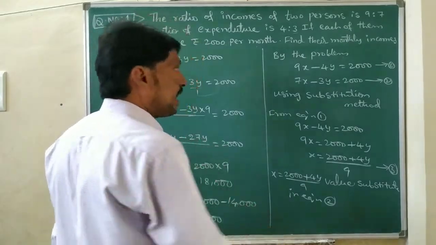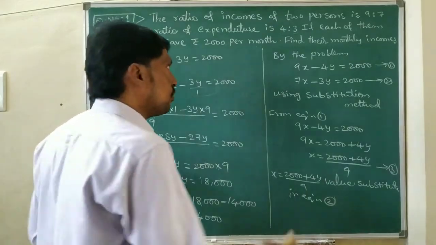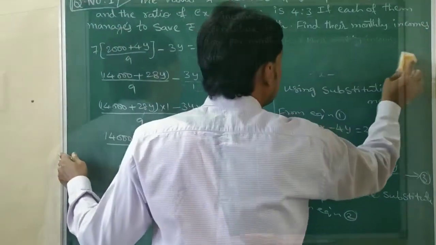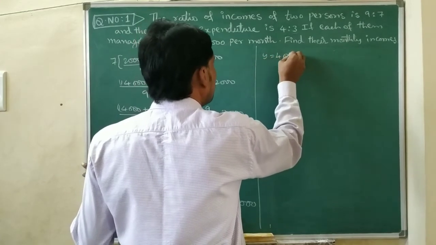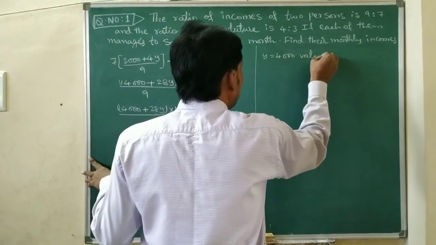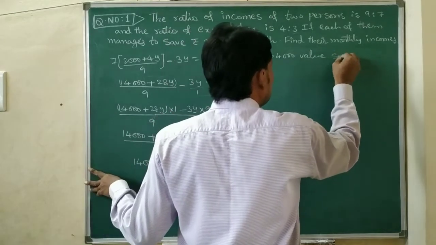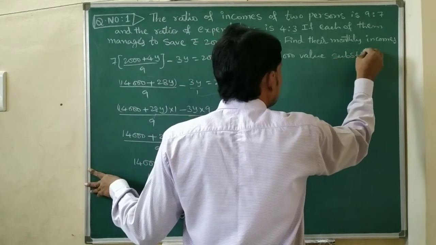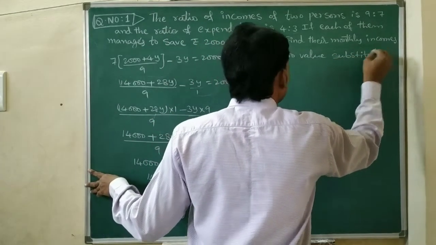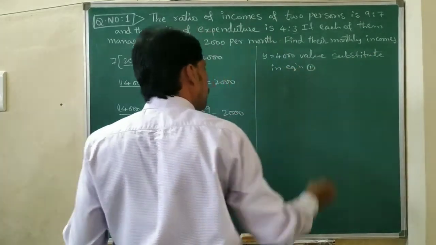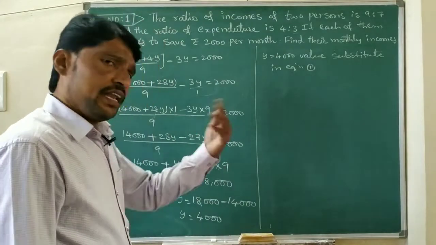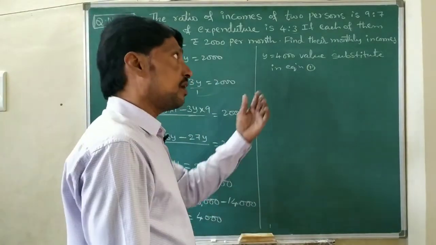Now we need to find the income actually. Now I will clean here and I will write. Now y equal 4,000 value, substitute in equation number 1. Either 1 or 2, any one equation we can substitute.